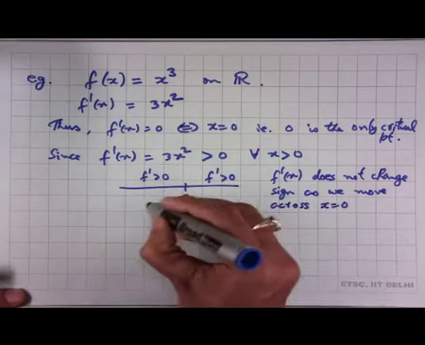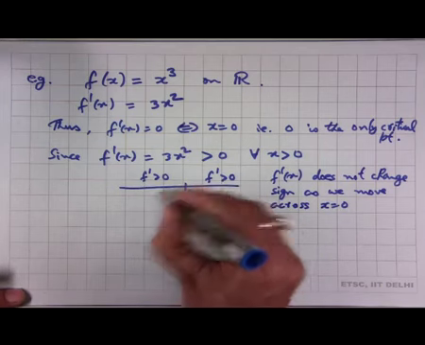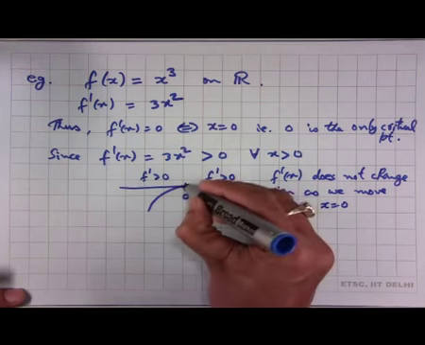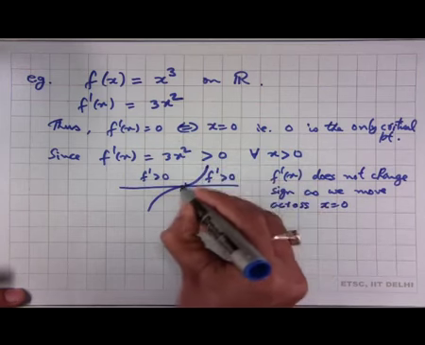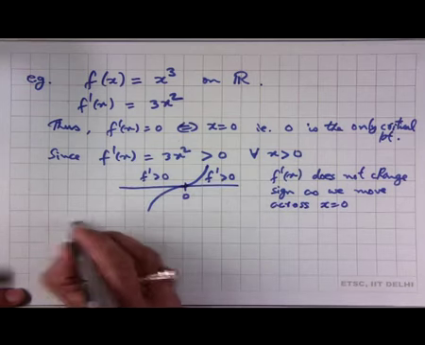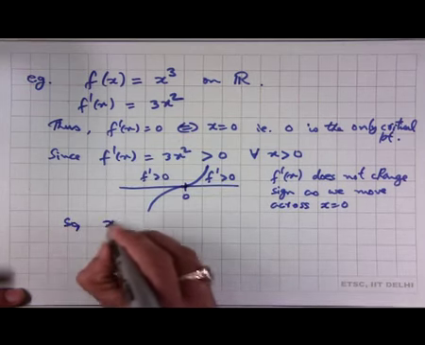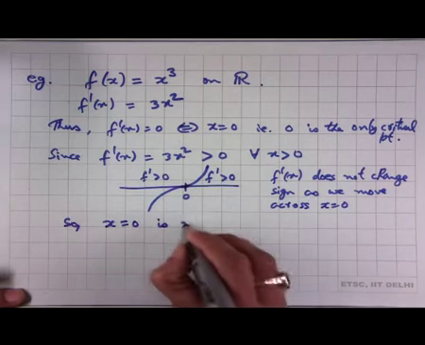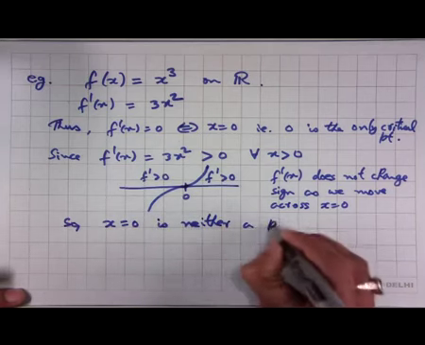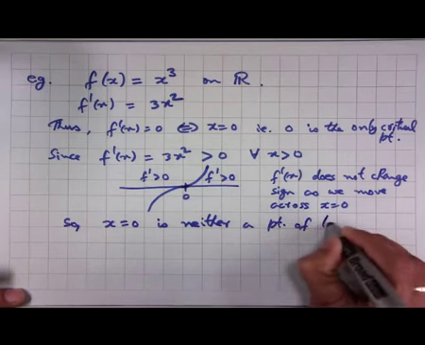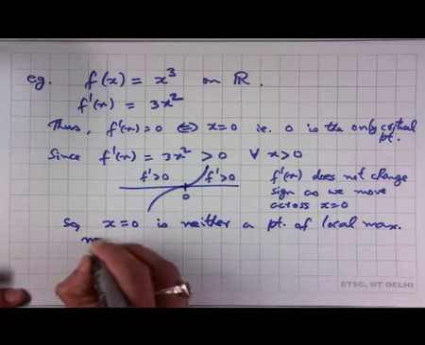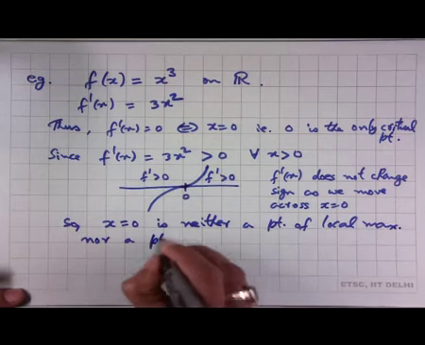This means that the function is increasing here and the function is increasing here also. So, in this case we see that this point x equal to 0 is neither a point of local maxima nor a point of local minima.